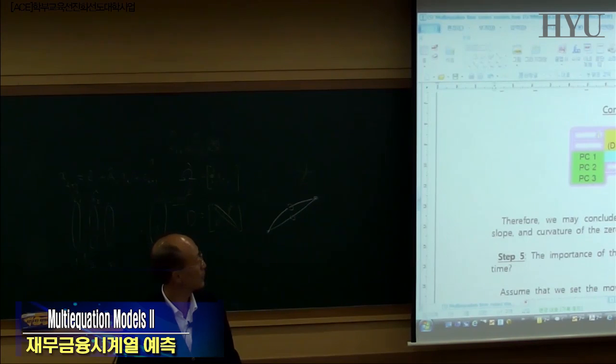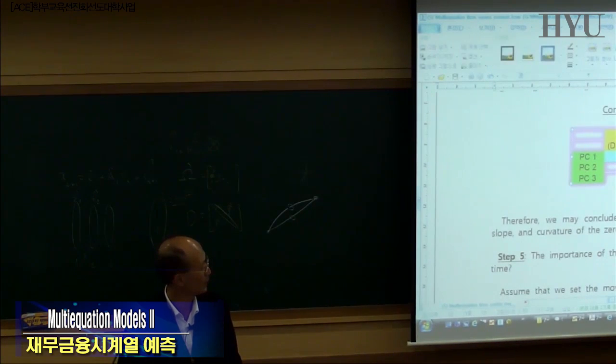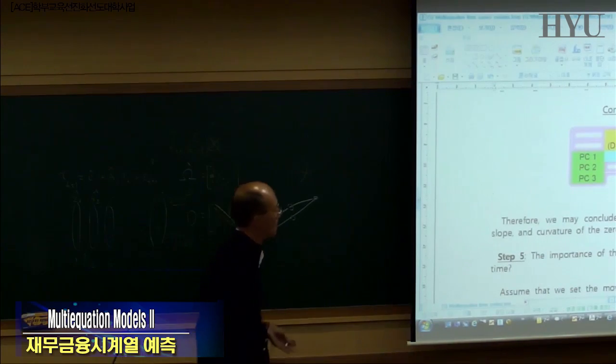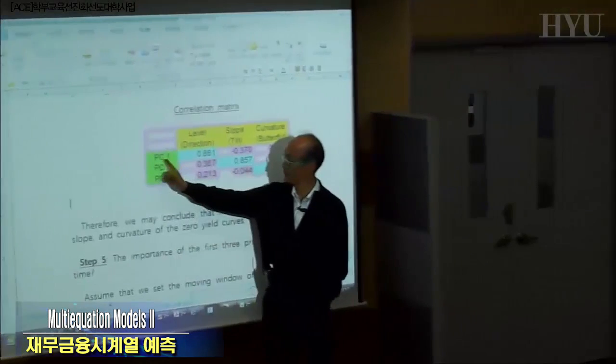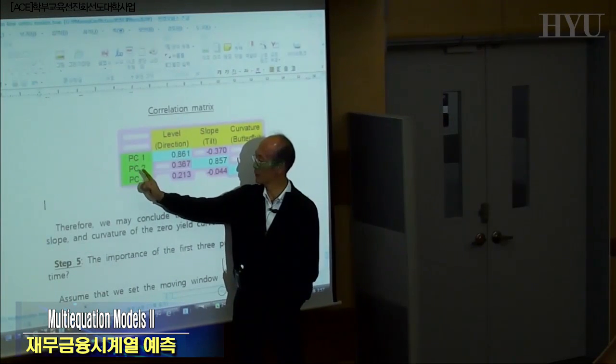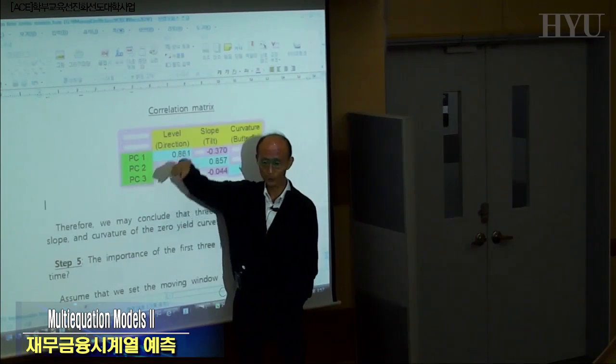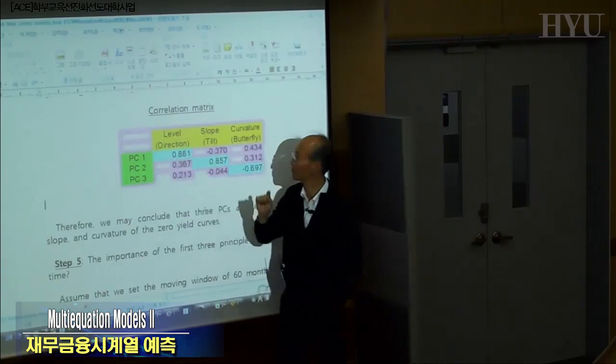Probably the reason why I bring this version is that somehow when I create the PDF file, this one doesn't show up. So I want to show this one. So these are principal components 1, 2, 3 generated from the previous procedure.